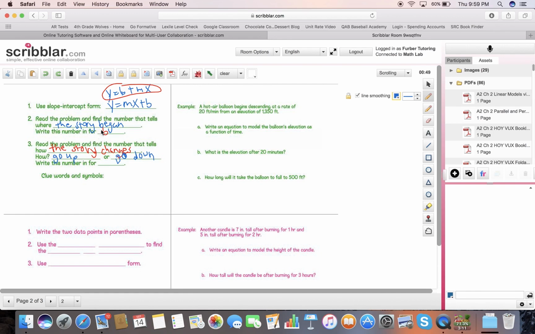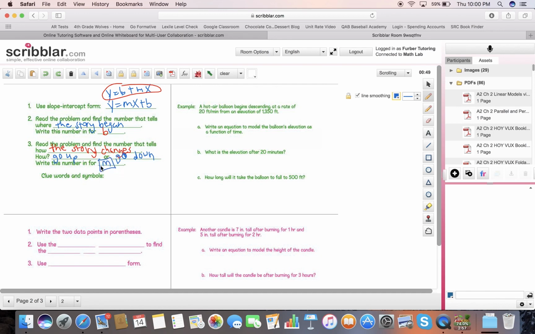You have a set amount that you begin with every month that you have to pay no matter what. That's the beginning part. That's the fee to have that phone, okay? The part that changes, or affects what happens, is how many texts you send per month. That's going to add a number to your original amount that you began with, okay? When the story changes, that number is the slope.